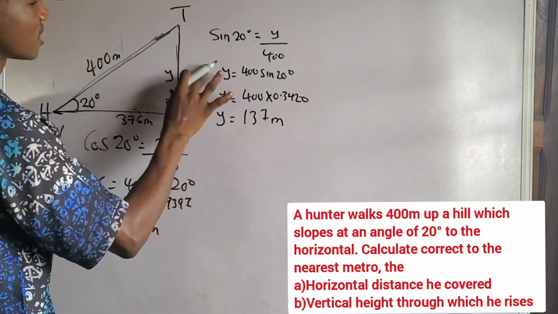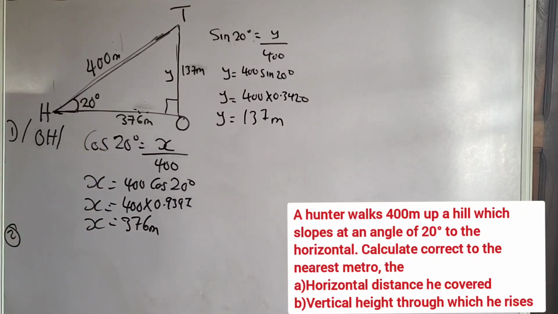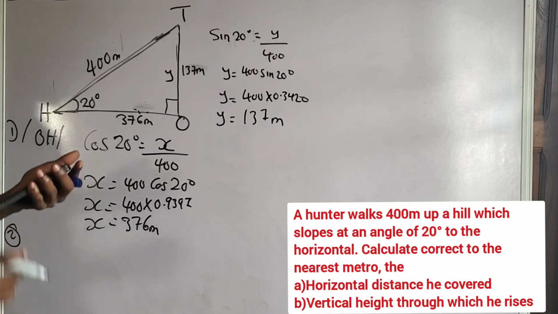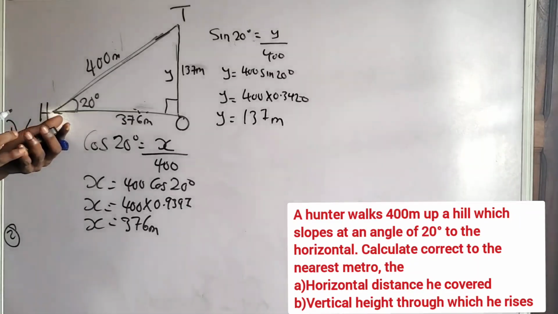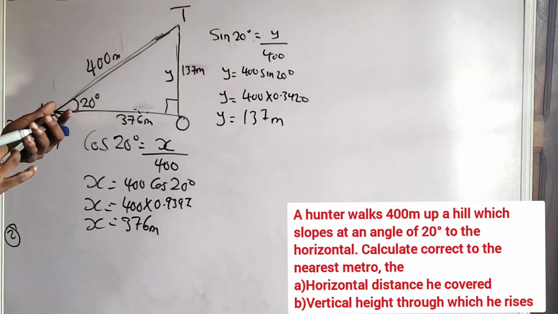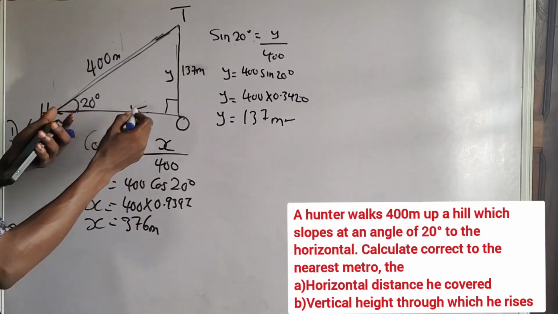So the value of this is 137 meters. So that is the solution to that question. Do you understand it? The vertical height through which he rises is this, while the horizontal distance covered is this.